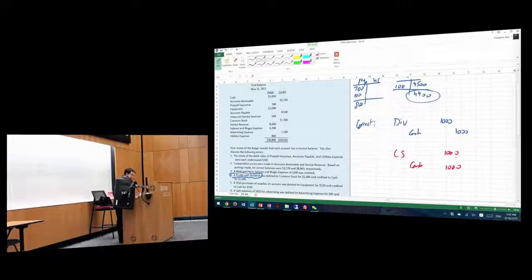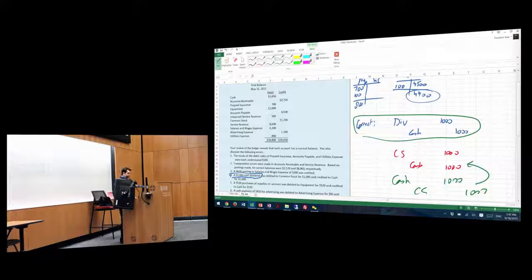So in order to fix it, this is what you need to do: credit cash 1,000, debit cash 1,000, credit common stock 1,000. Those two will cancel each other. It will basically offset the incorrect one, and then you re-enter the correct one here.